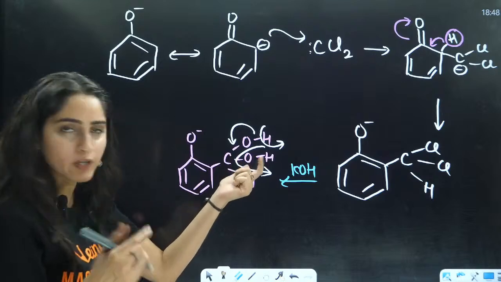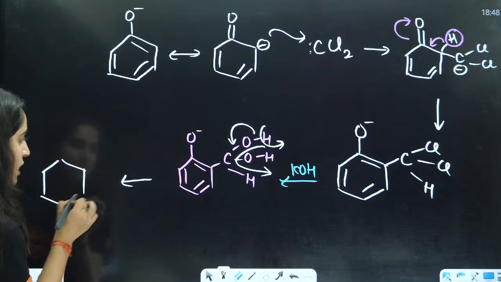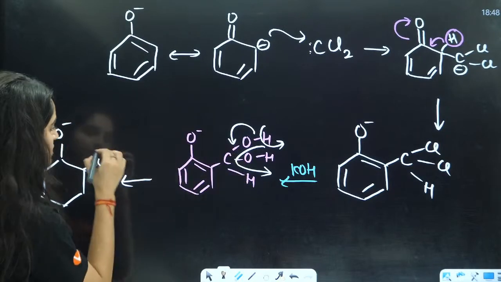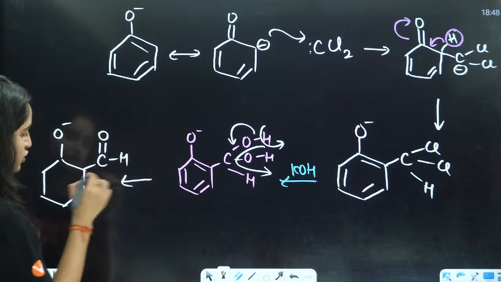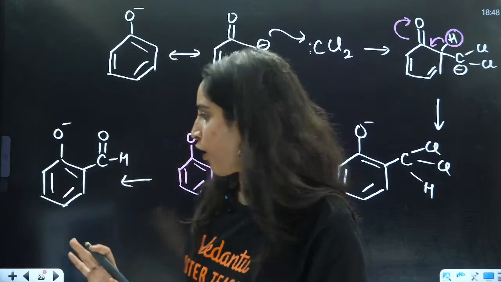So this OH negative also has to leave. Then you will have the formation of this thing, that is O negative, and this is C, double bond O, and this is H, right? This is basically your salicylic aldehyde that will be formed here.